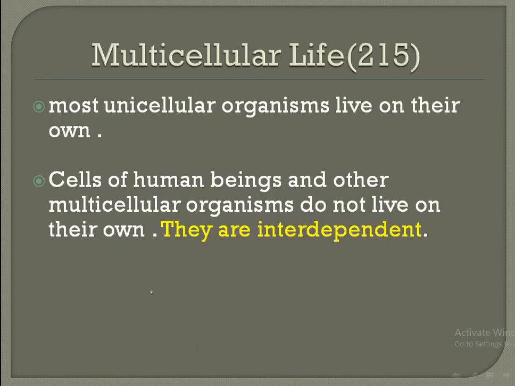Now, what is the difference between unicellular and multicellular organisms? In unicellular organisms, the cell lives on its own, but in multicellular organisms, I have cells like a human cell, and these cells do not live on their own.